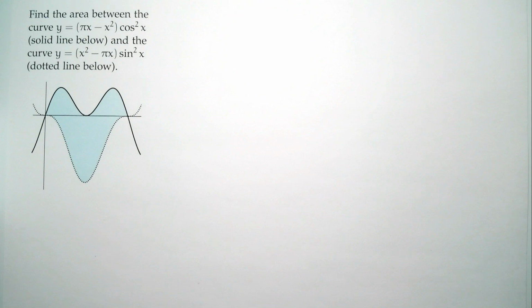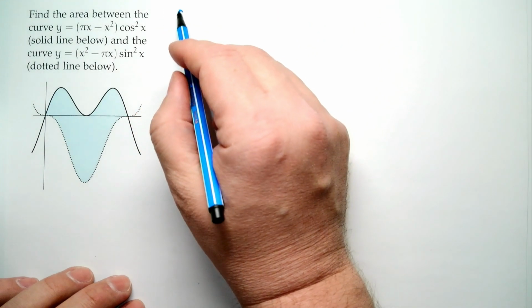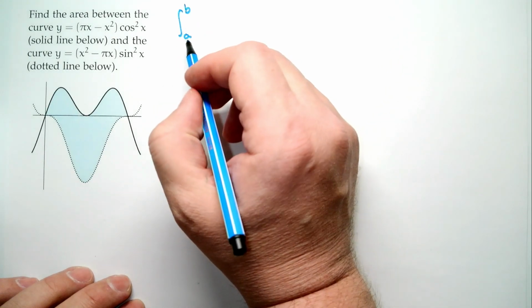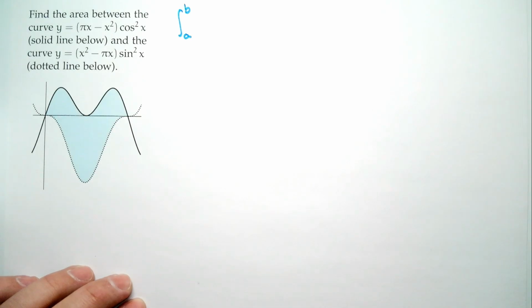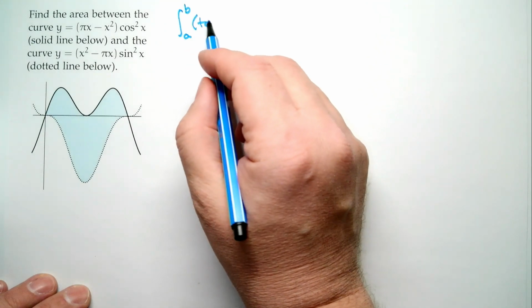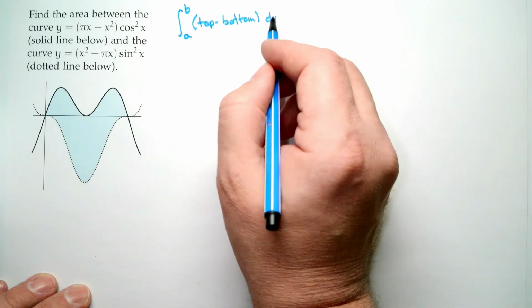So when we're looking for area, the way I think about it is we go from the two intersection points, A to B. They might not necessarily intersect, but okay, we're going from A to B, and then we're going to do top minus bottom, dx.